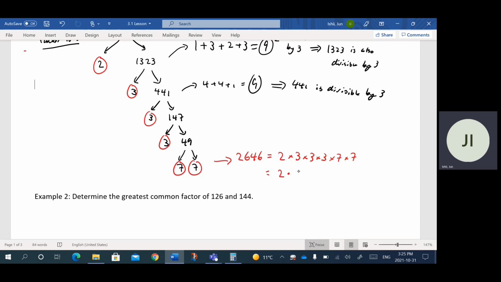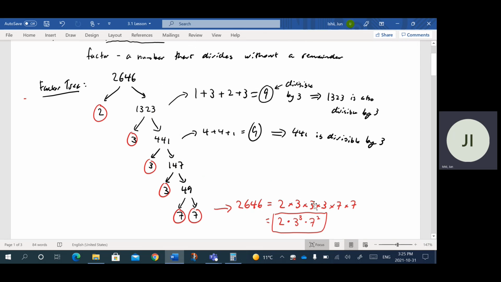So in other words, that's 3 cubed. And as well, I have 2 7s here, so that's 7 squared. So this here is 2,646. All right, so you can kind of keep breaking it down, and then once you get just prime numbers there, those are your prime factors.